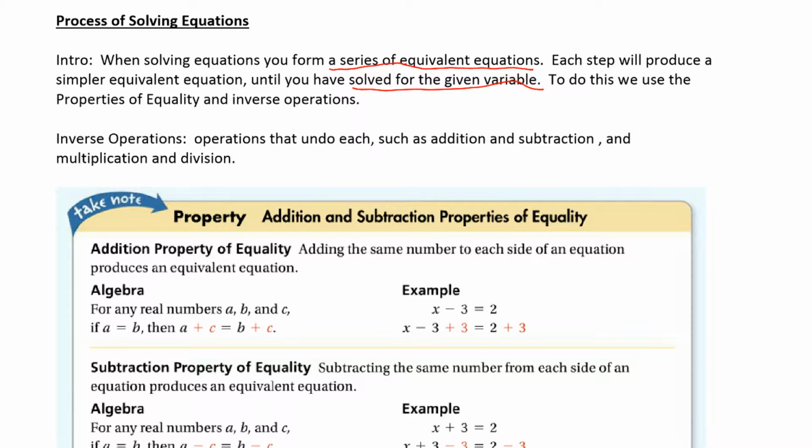To do this, we use our properties of equality and our inverse operations. Inverse operations are operations that undo each other, such as addition and subtraction, and multiplication and division.